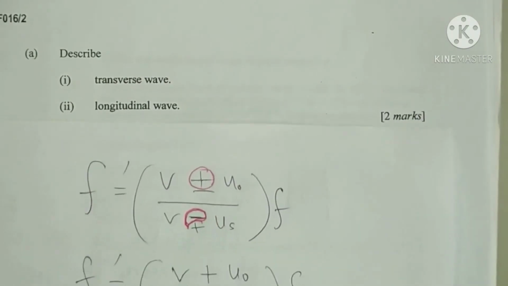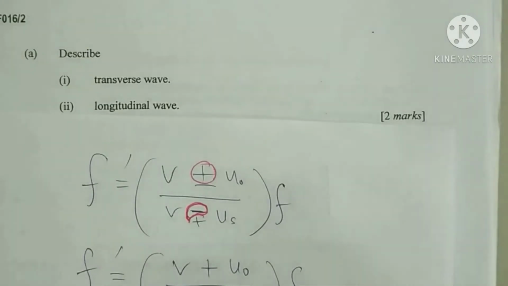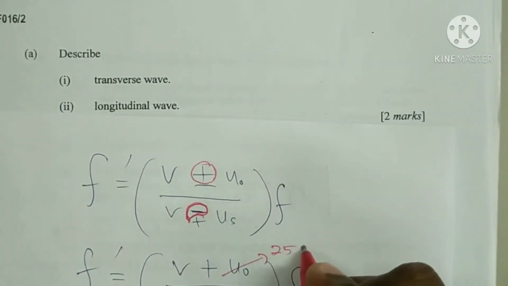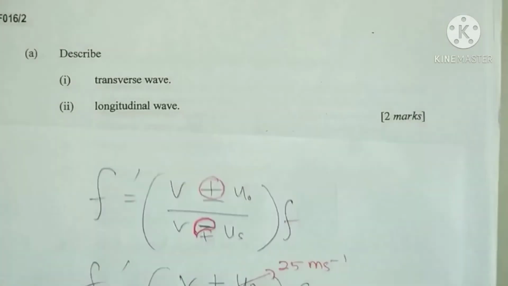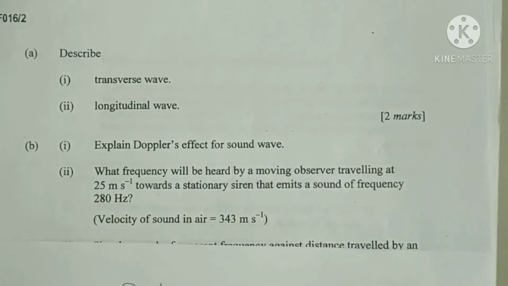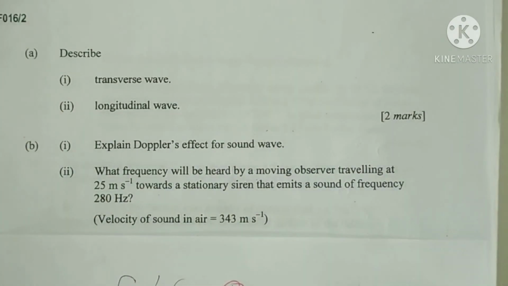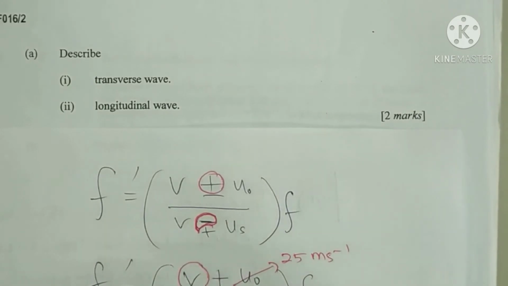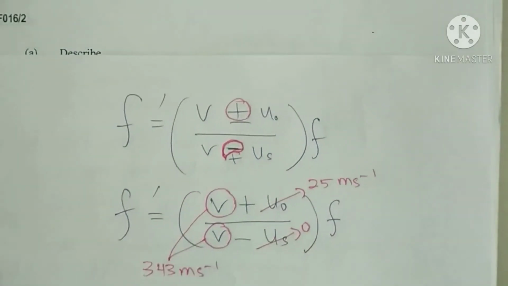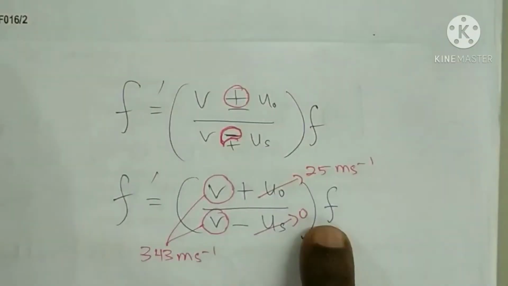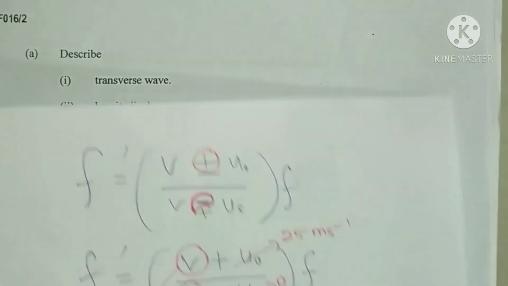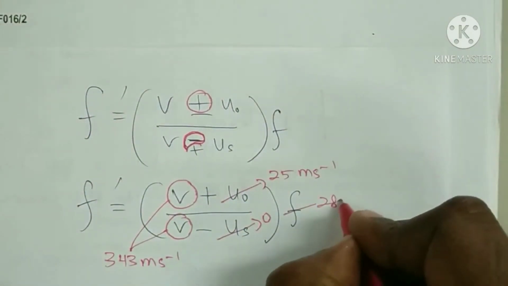So the speed of the source is 0 and the speed of the observer is 25 meters per second, and the velocity of sound in air is 343 meters per second, with the actual frequency f of 280 Hz.